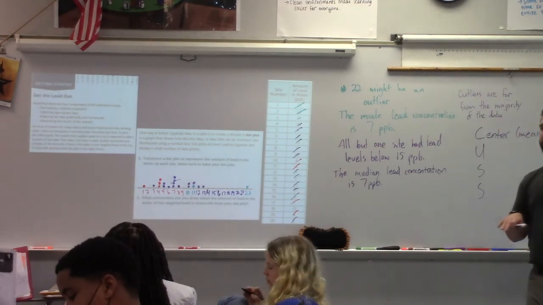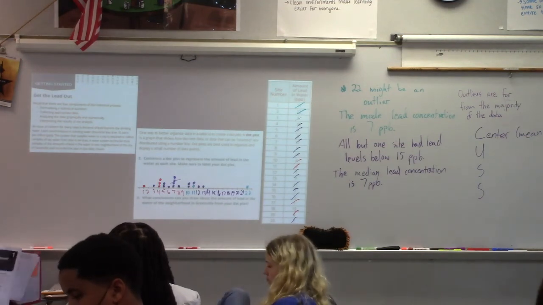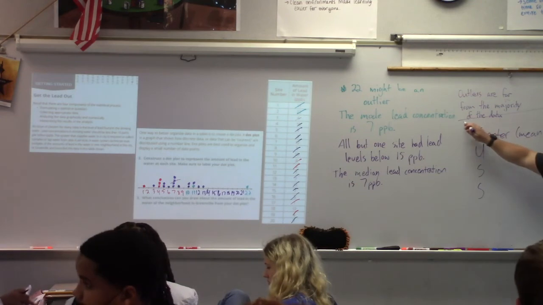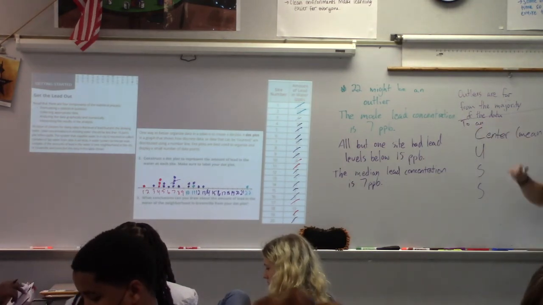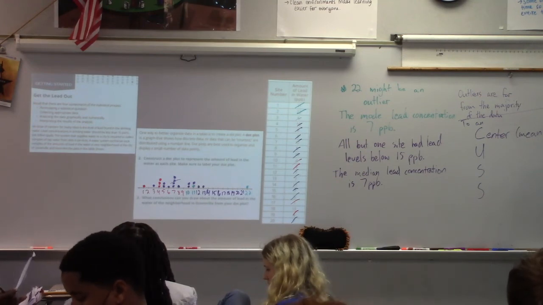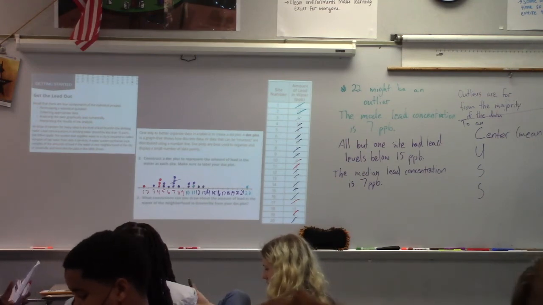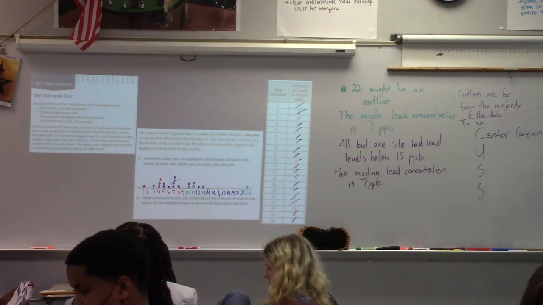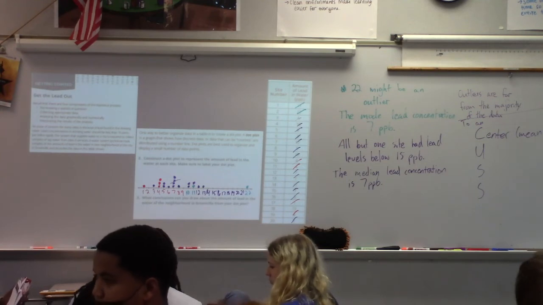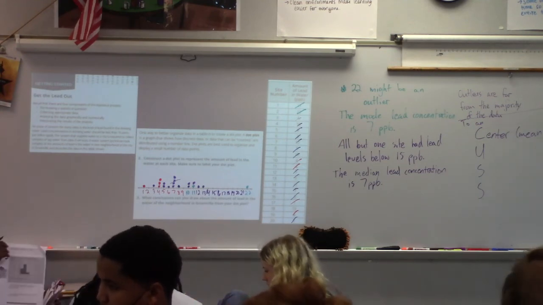Write out this acronym to be able to use this moving forward. We talked about mean, median, and mode in lesson 1. M4-7 looks just like this.